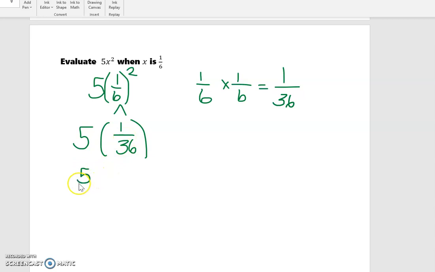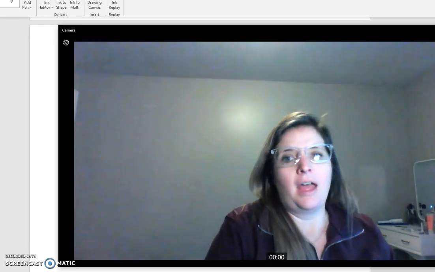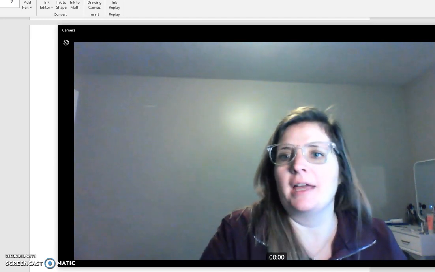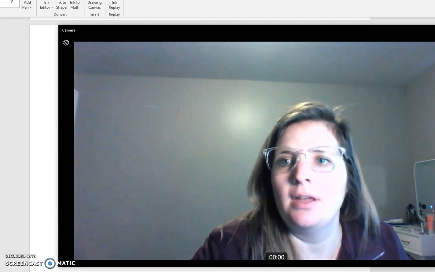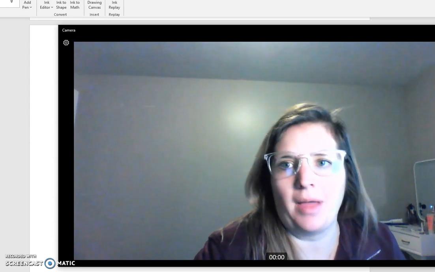So last step, the whole number 5 I write as 5 over 1 multiplied by 1 over 36. Multiplying across my fractions, my final answer here is 5/36. As you work through these problems, again, I encourage you to take your time, one step at a time, instead of trying to solve all of the problem at once.